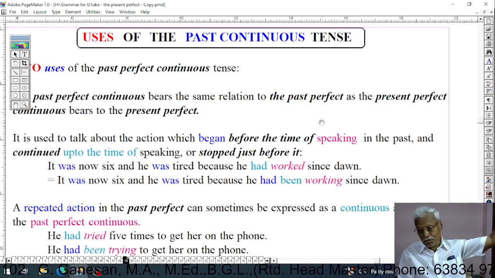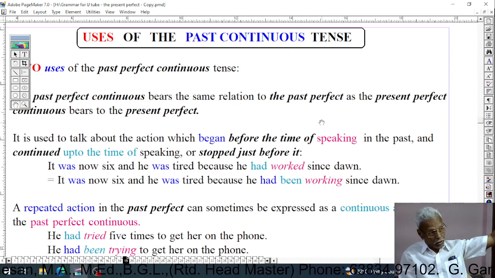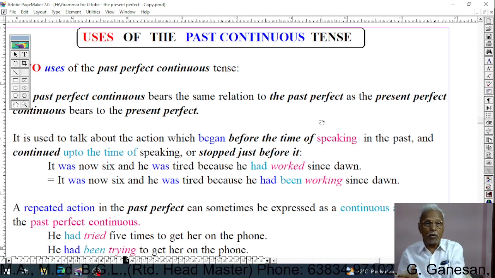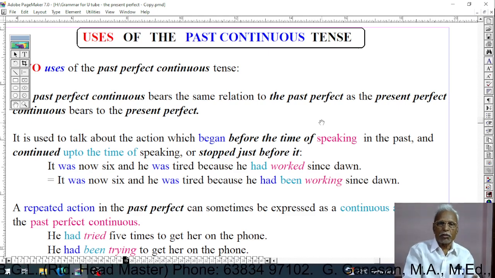And when the actions started in the past and were continuously going on at the time of speaking, they should be expressed using present perfect continuous.